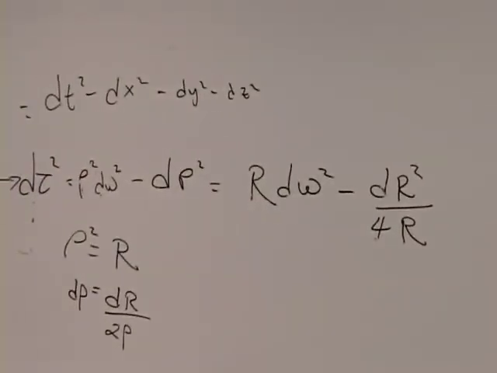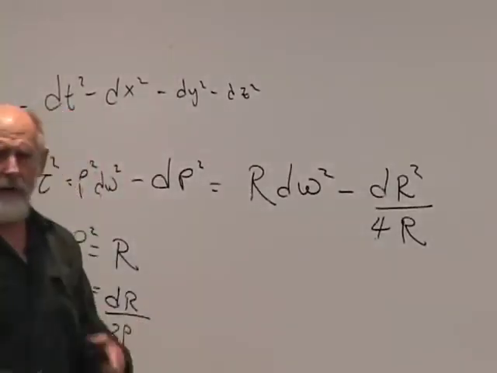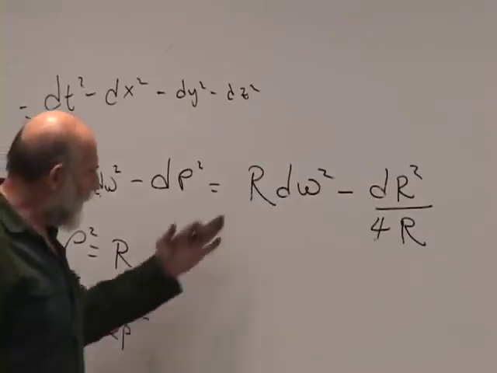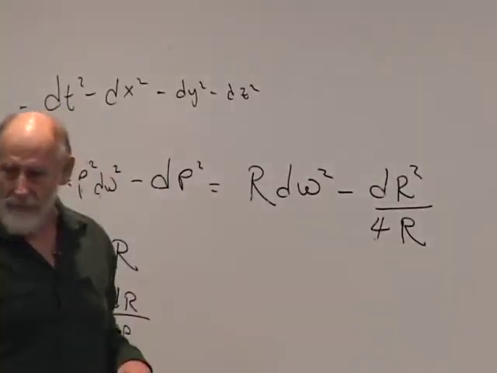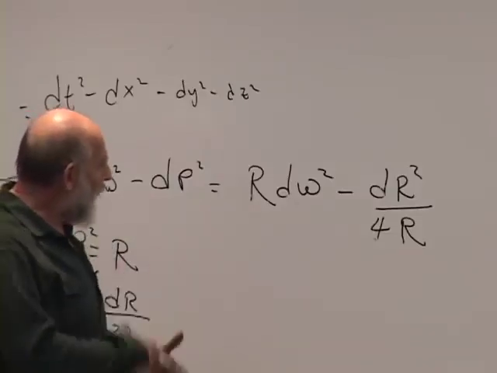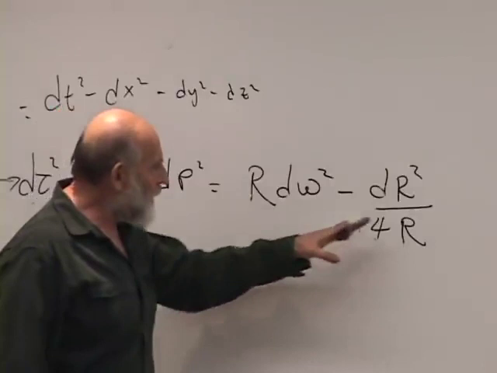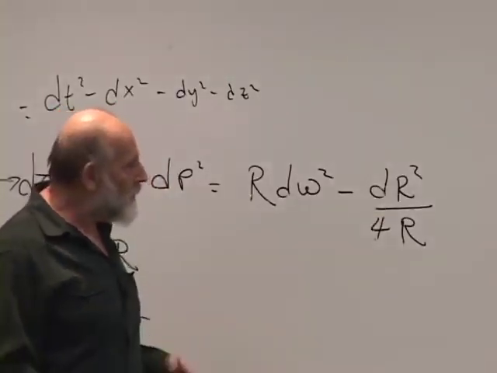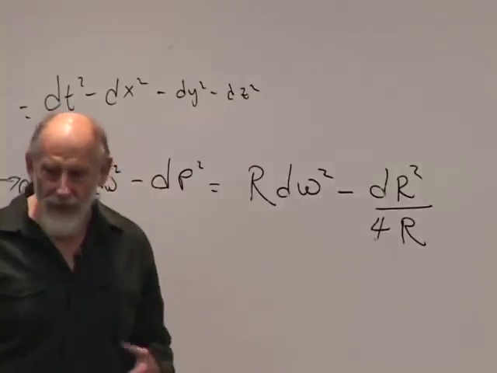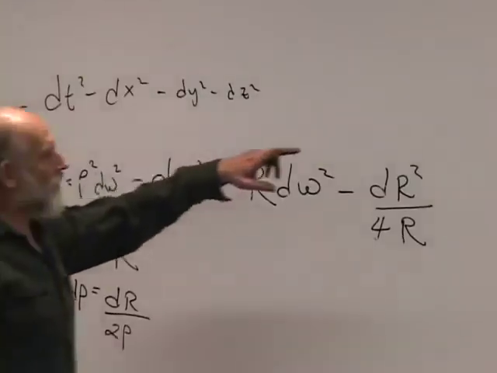Now there's something else. If we looked at this metric here, and we thought of r as our coordinate, notice what happens when r goes from positive to negative. When r goes from positive to negative, this term becomes negative and this term becomes positive. Whatever r less than 0 means, if it means anything at all, it has this interchange of space and time, just as this does.